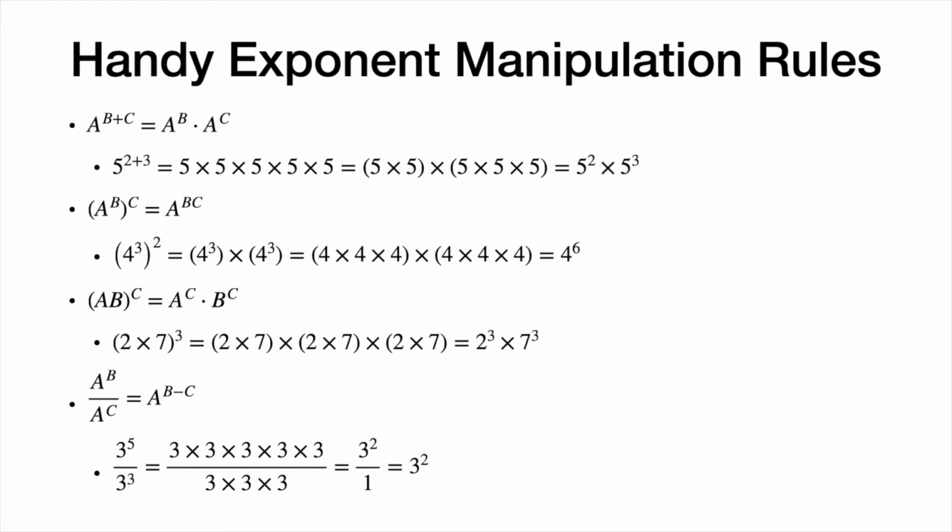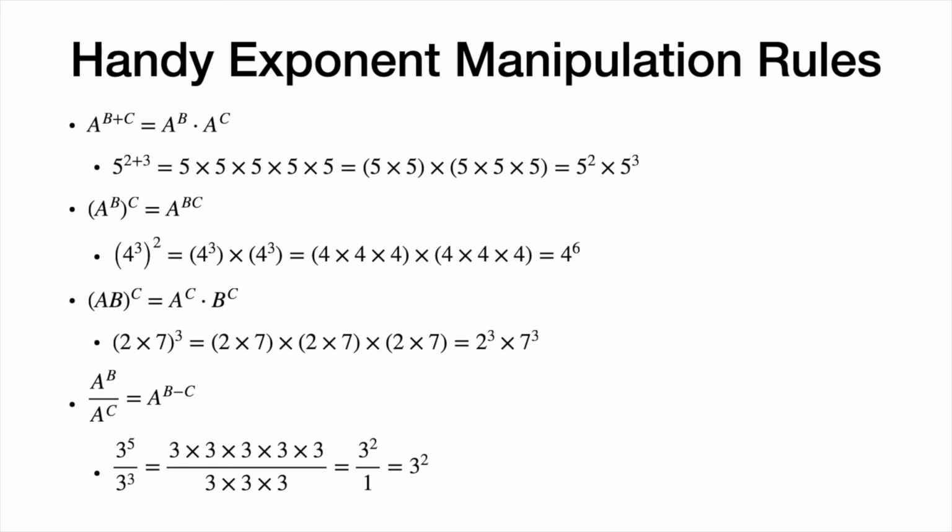So all the ones on the bottom will cancel out ones on the top, and we will subtract the powers. 5 minus 3 is 2, so we're going to wind up with 3 squared at the end, which is going to be 9.